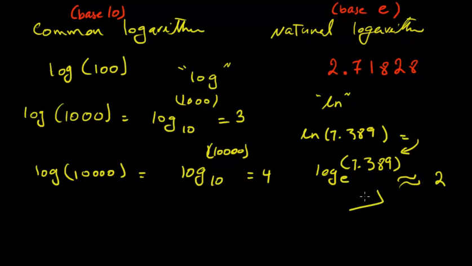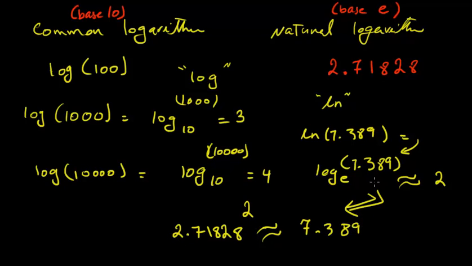That actually means that the e number, 2.71828, if multiplied by itself or squared, approximately gives us 7.389. So this is the exponential form, and this is the log for base e. These two, base 10 and base e, are two bases that are very often used in the mathematical field.